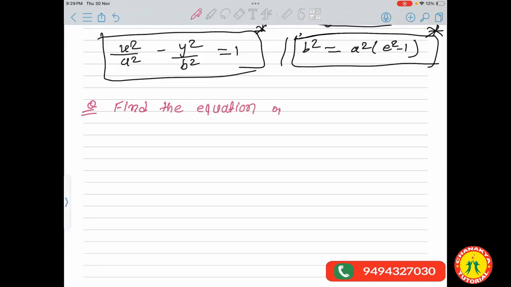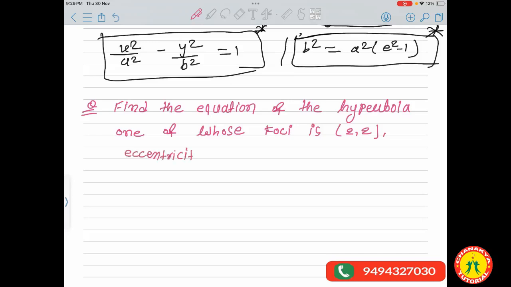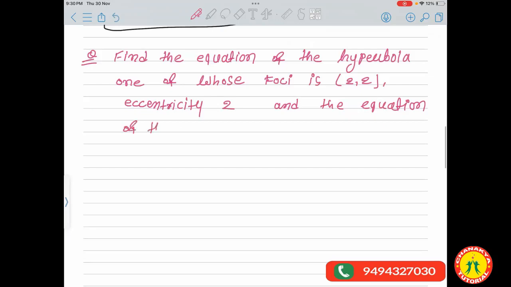Find the equation of the hyperbola, one of whose foci is (2, 2), eccentricity is 2, and the equation of the directrix is x plus y is equal to 9.